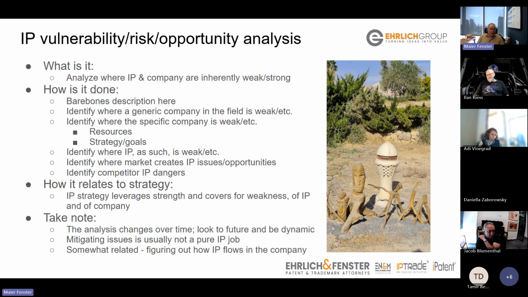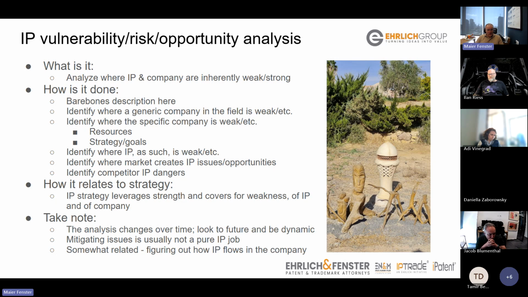You identify where the market creates IP issues, and you identify dangers caused by competitors. And what does this have to do with IP strategy? IP strategy is hopefully leveraging your strengths and covering for the weakness, both of the IP and the company. So, it's valuable to know where you're strong and where you're weak.